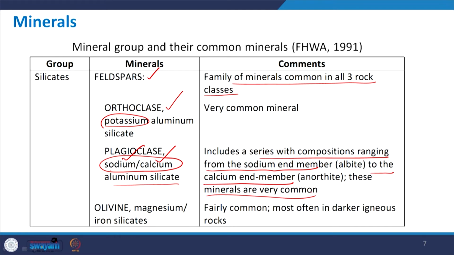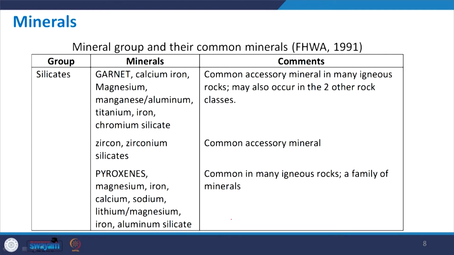Then the next one is olivine, magnesium or iron silicates. These are fairly common, and most often present in darker igneous rocks, which is another class of rock. Coming to the next category, the next commonly occurring mineral is garnet.